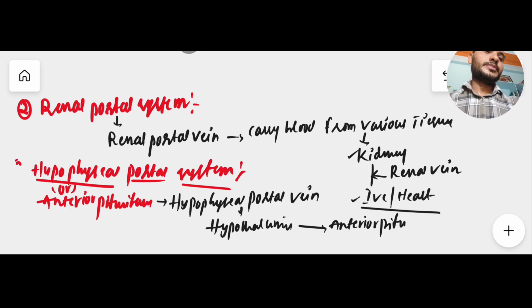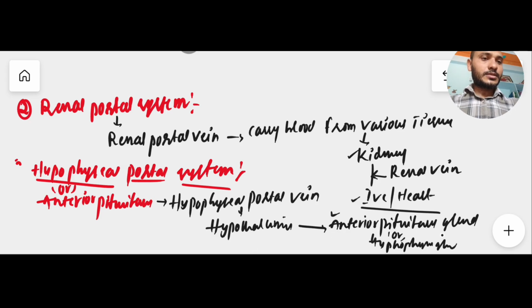So the blood from the hypothalamus, before going to the heart, goes to the anterior pituitary gland, also called the hypophysis. And from this hypophysis gland, or anterior pituitary, the blood goes to the heart via the superior vena cava.